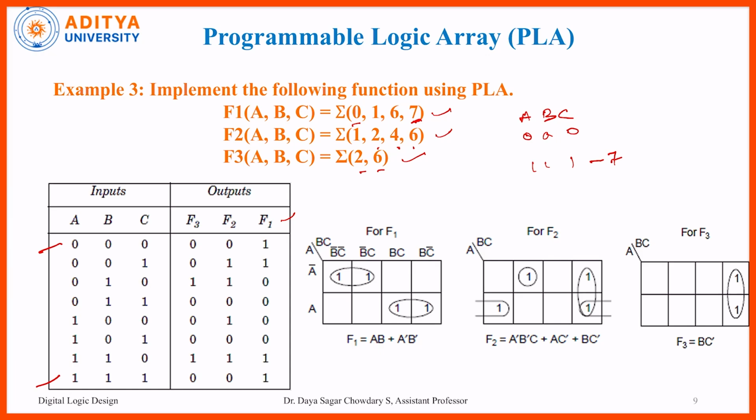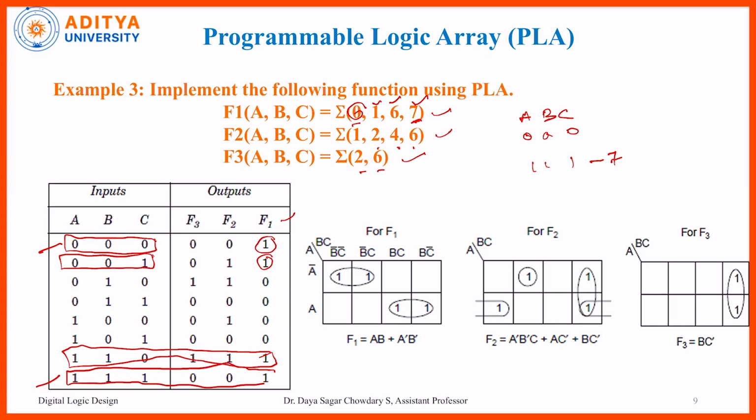So in F1, 0 is there, that is why we have to place 1 for the corresponding input, and here one more 1 we have placed for the corresponding input, that is 001, and for 6 also we have to place 1 for the corresponding input, and 7 is there. So here we have to place 1 for the corresponding input. So likewise we have placed these ones under F1.